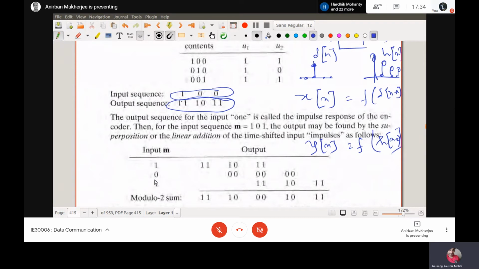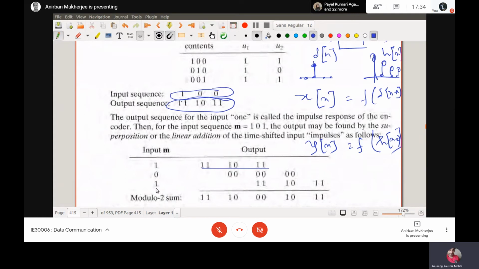This is a 0 weight, 1 unit delayed impulse. So for input 1, the output is 1 1 1 0 1 1. For input 0, the output is all zeros.